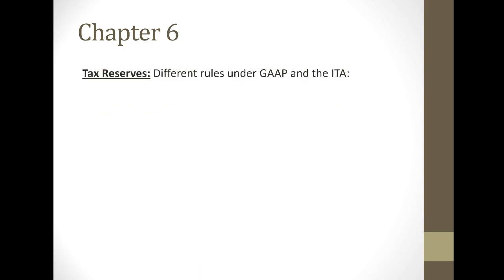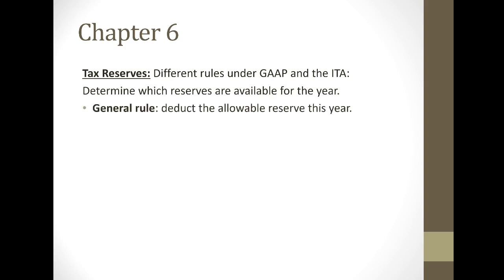Moving on to the next slide, we then talked about tax reserves. This is something that's quite different from accounting rules under GAAP. In the Income Tax Act, we have this concept of reserves. A company or business needs to determine which reserves are available in a particular year, and the general rule is that if they're eligible for a tax reserve, they get to deduct that in the current year.